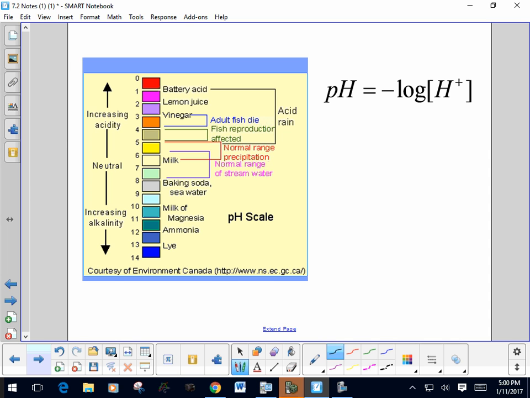It's kind of interesting because sometimes people think, oh, between here and here, it's 4 times more acidic. But it's really not. It's 10 to the 4th times more. Oh, that's actually basic. But anyway, it's not 4 times more basic. It's 10,000 times more basic.